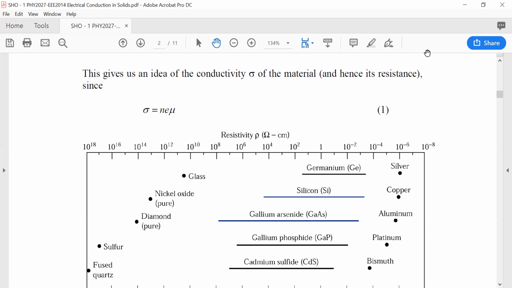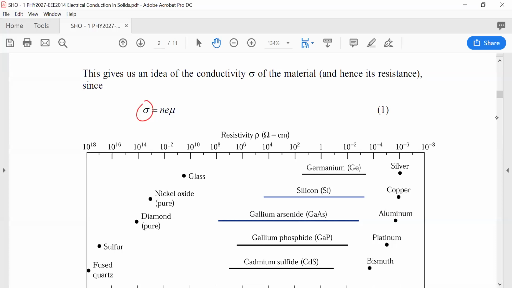So once we get an idea of the carrier concentration, N, whether it's big or small, we can get an idea of the conductivity of a material and therefore its resistance, because conductivity is obviously related to the carrier concentration by this conductivity equation.